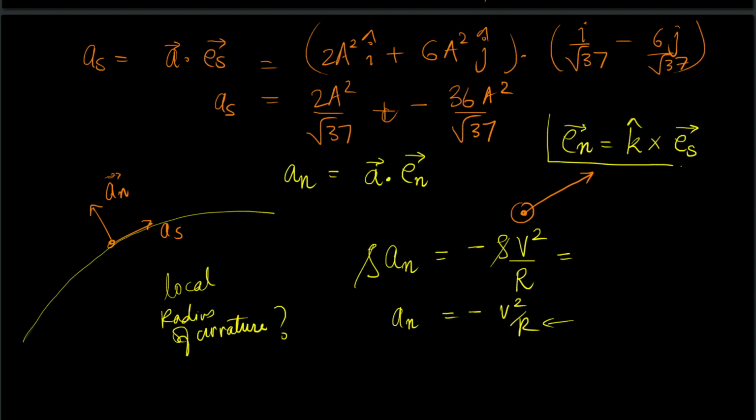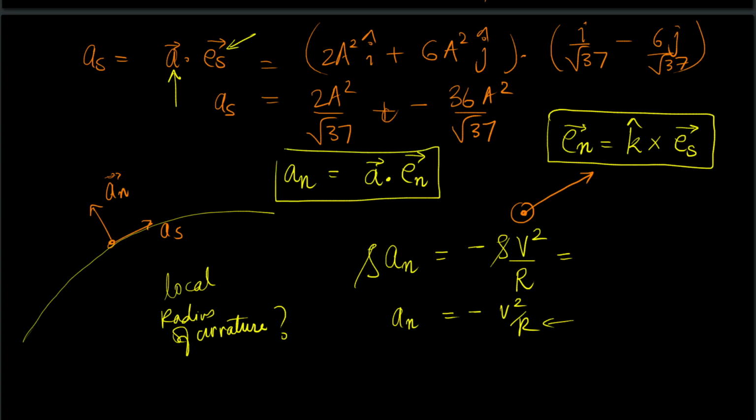So this gives us the unit vector in the normal direction. Then you can take a dot product of the acceleration vector, like we took the dot product over here, and find out the normal component an, subsequent to which we can find out the local acceleration component. Okay, so that's the way of doing it.